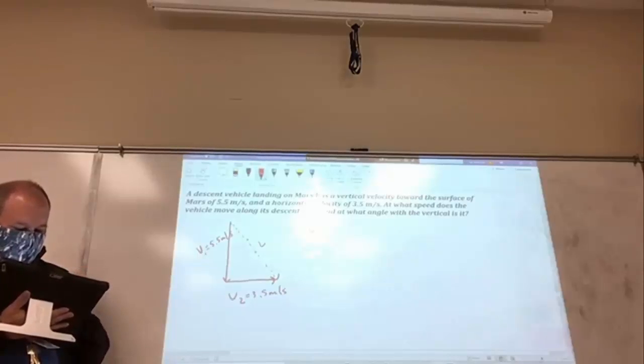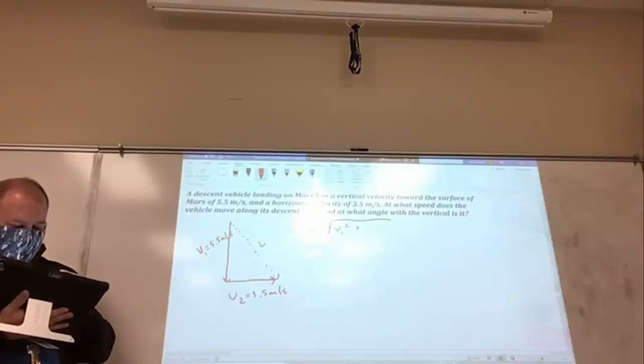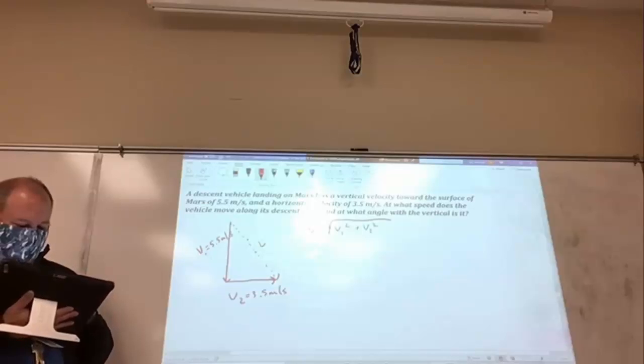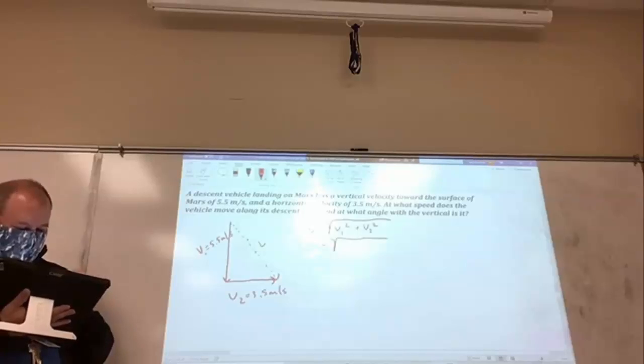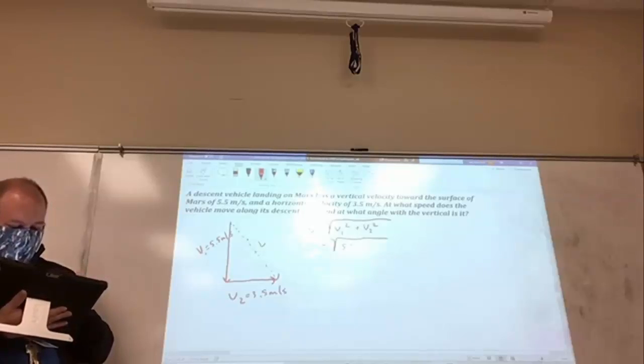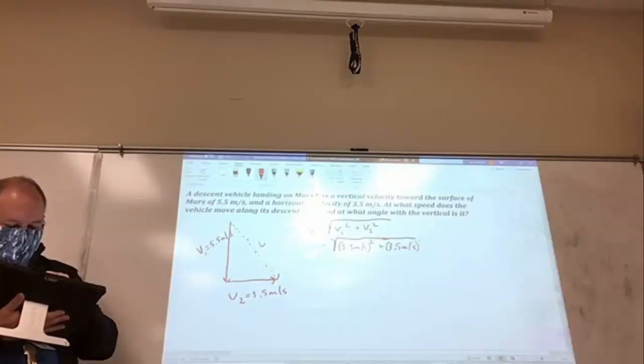I'm going to write out my formula here. V equals the square root of V1 squared plus V2 squared, which equals the square root of 5.5 meters per second squared plus 3.5 meters per second squared.